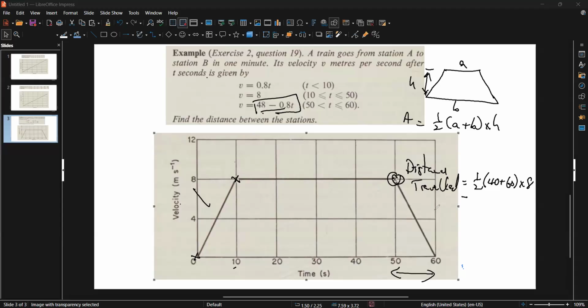Maybe one of you can work it out. I got 400. 400, that's correct. 400 meters.